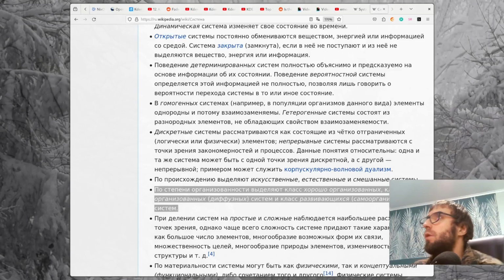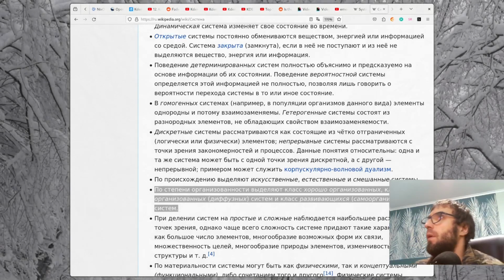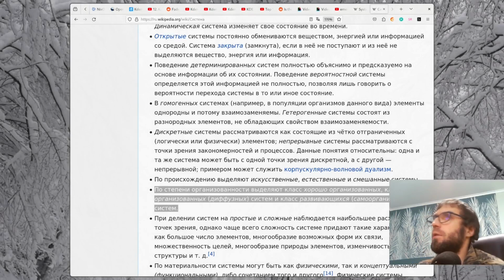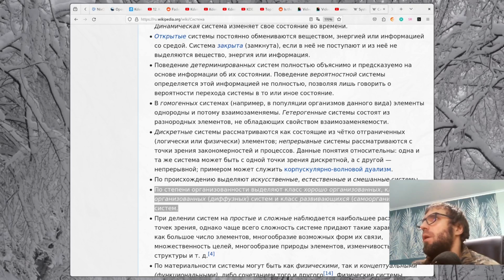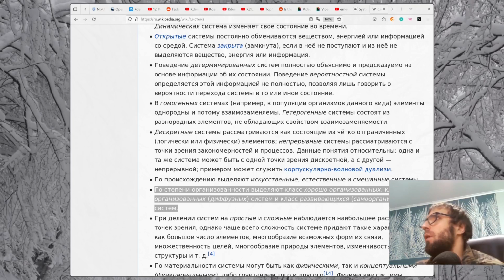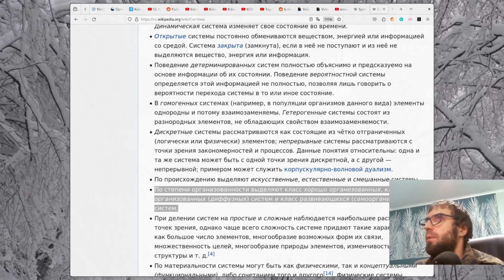According to the degree of organization, they also can classify systems. There exists a class of poorly organized or diffuse systems, and a class of well-organized systems.